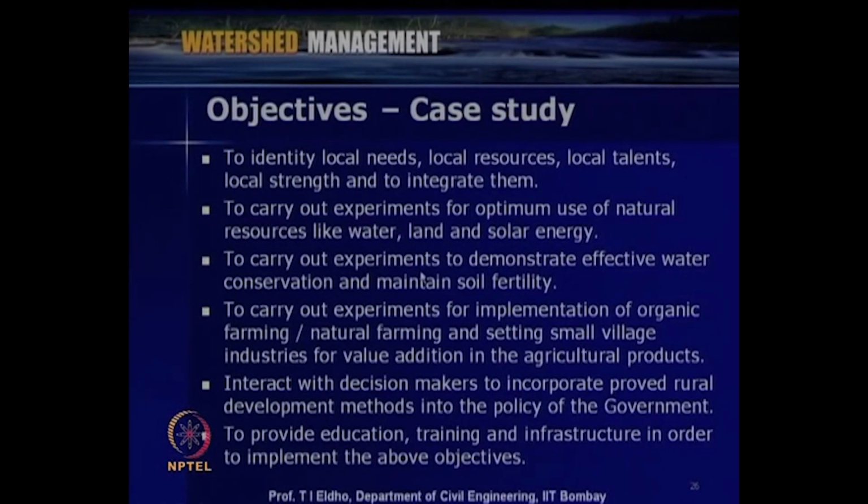Then to carry out experiments to demonstrate effective water conservation and maintain soil fertility. Then to carry out experiments for implementation of organic farming, natural farming, and setting up small village industries for value addition in the agricultural products. Then to interact with the decision makers to incorporate proved rural development methods into policy of the government. Then to provide education, training, and infrastructure in order to implement the above objectives. So, these were the objectives of this Pani Panchayat movement.